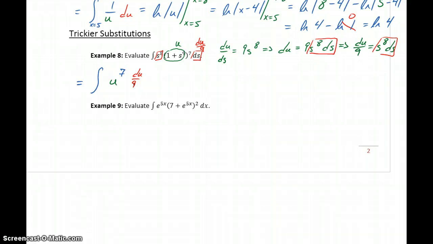Now we also have some properties that will allow us to rework this. So this divided by 9 is the same thing as 1 multiplying by 1 over 9. Since that's just a constant multiple, we can pull that out front and write this as 1/9 times the integral of u to the 7th du.